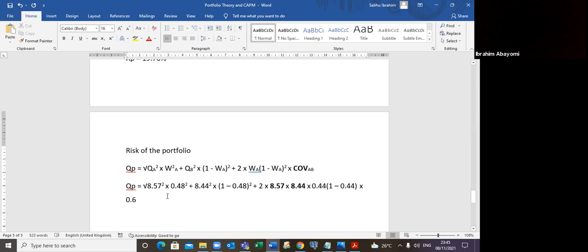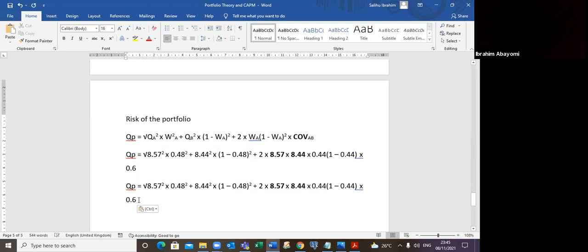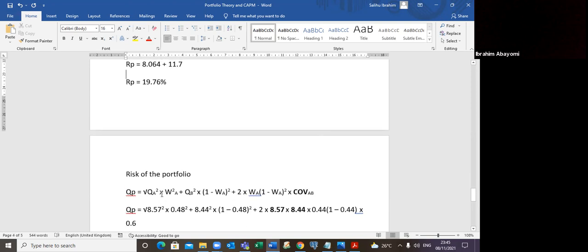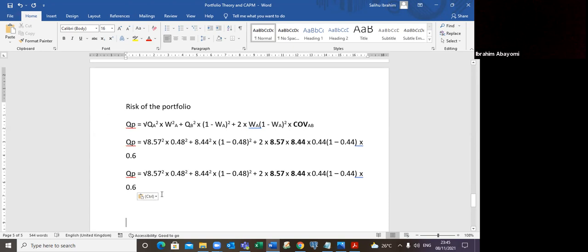That's the only thing that will change, the weight. All others will remain the same, all the others that we computed before. Okay, let's do it again. 8.57 squared will give us what?